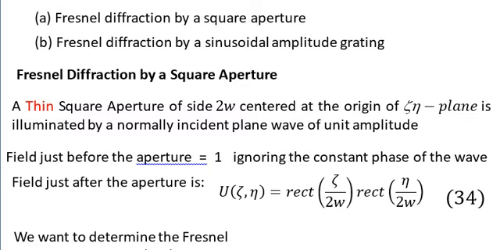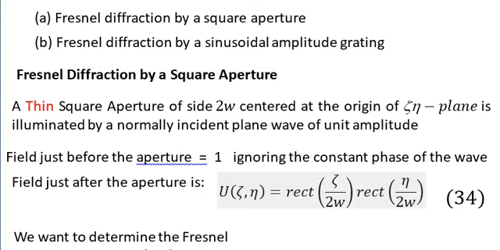The field just before the aperture is equal to 1, due to unit amplitude. We have ignored the constant phase of the wave because the plane wave is normally incident, so the phase on the whole plane is constant.